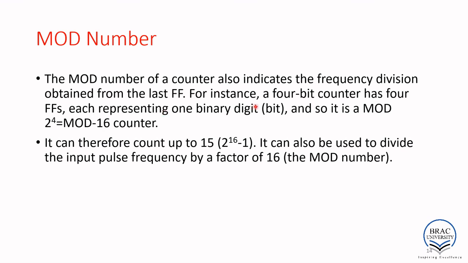For instance, a 4-bit counter has 4 flip-flops, each representing one binary digit, so it is mod 2 to the power 4, equals mod 16. It can count 0 to 15. It can also be used to divide the input pulse frequency by a factor of 16, the mod number. So the output frequency is the input frequency divided by the mod number.